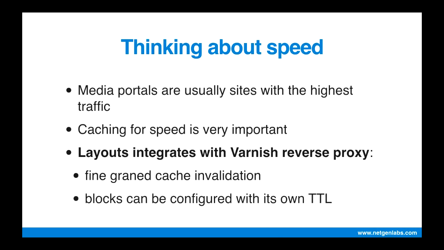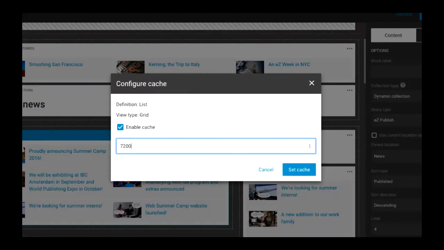And then we also have the ability to configure each block with its own TTL. To give an example of how this looks when you want to configure the cache of a block, you just enable the cache and set a TTL in seconds.